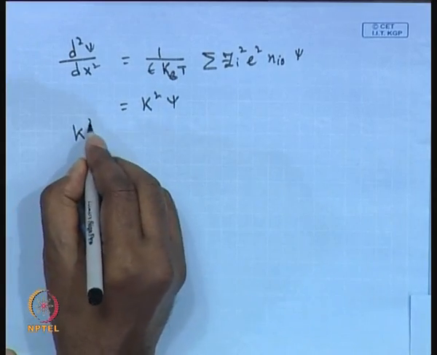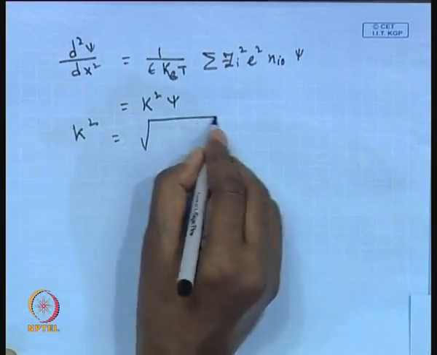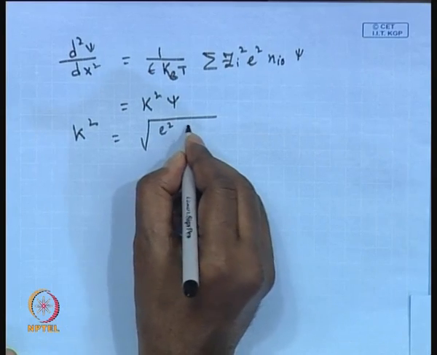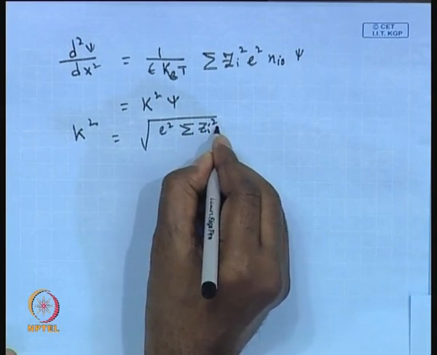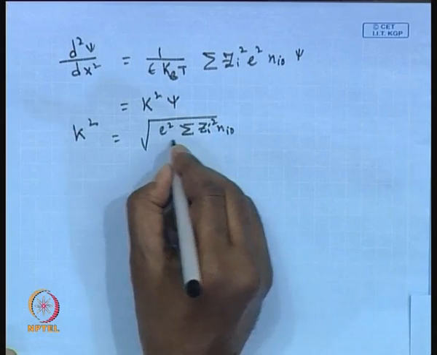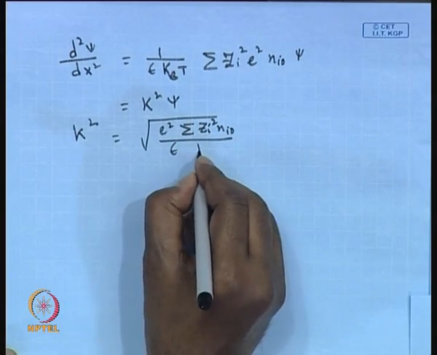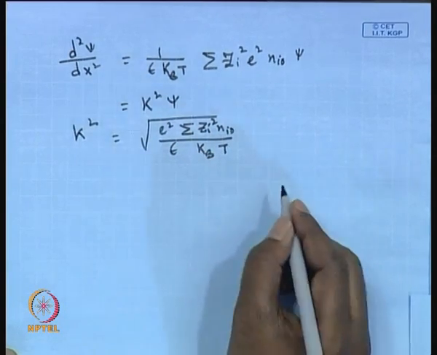You can write kappa square is equal to the summation z_i square n_i naught divided by epsilon k_B T, so kappa is the square root of this.